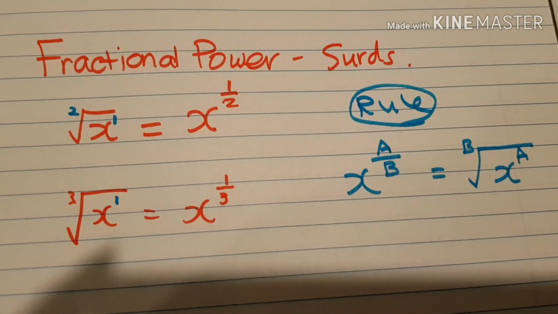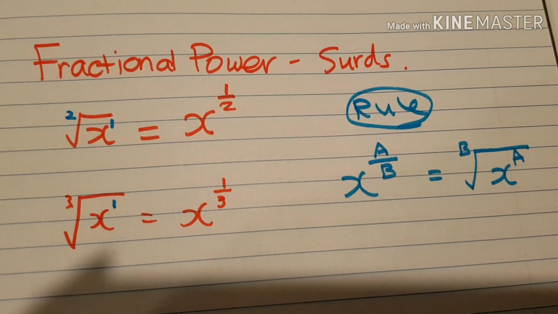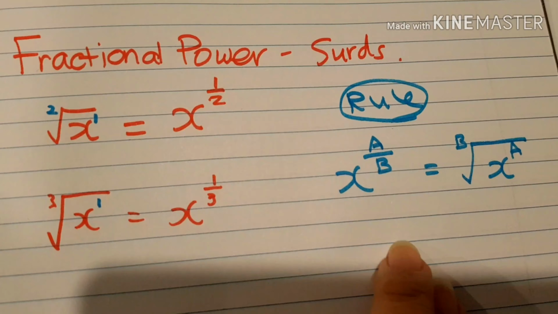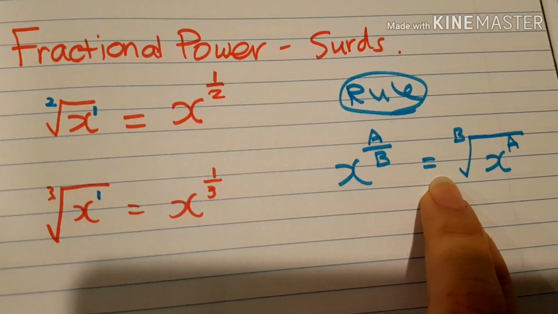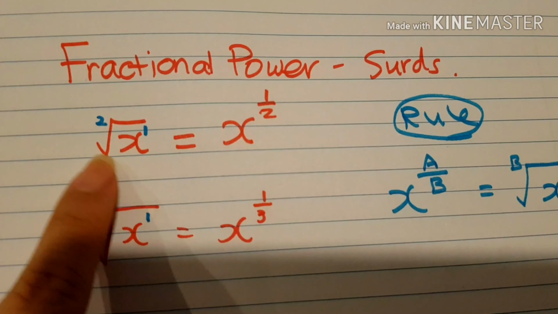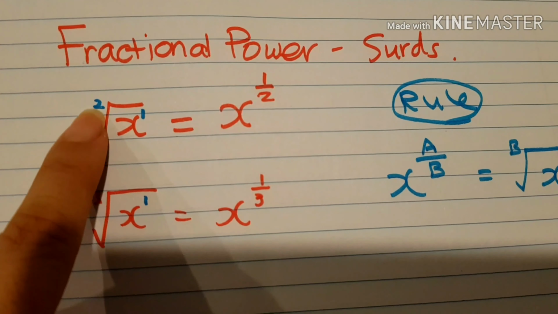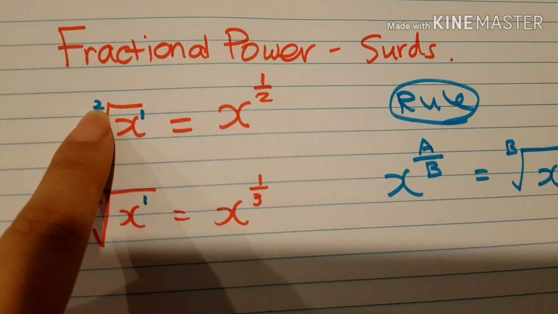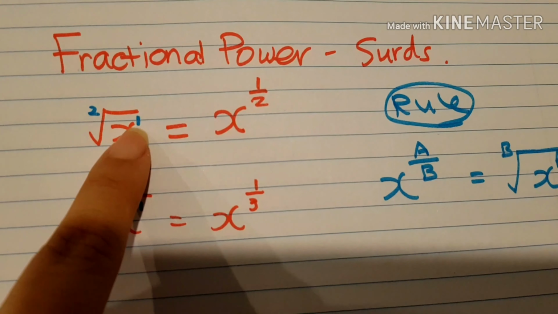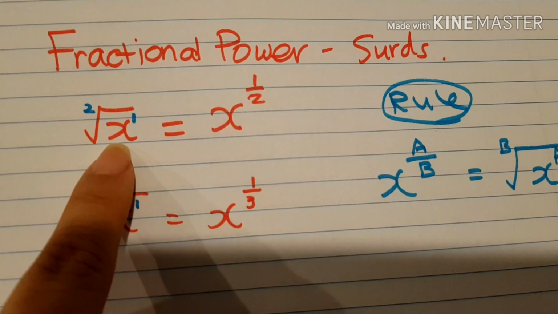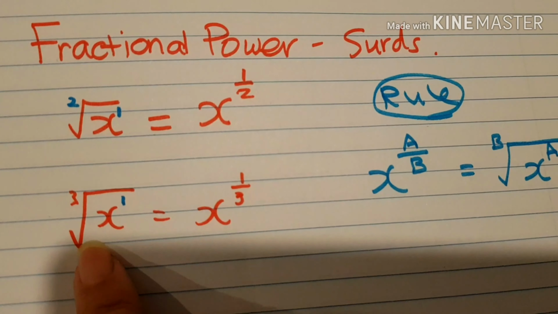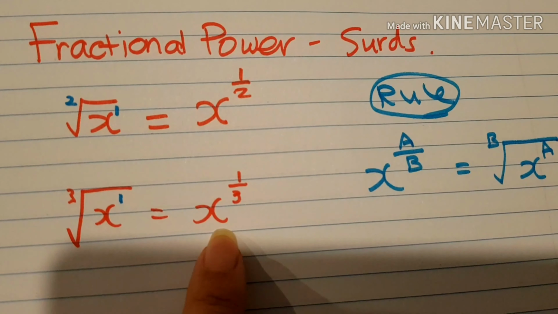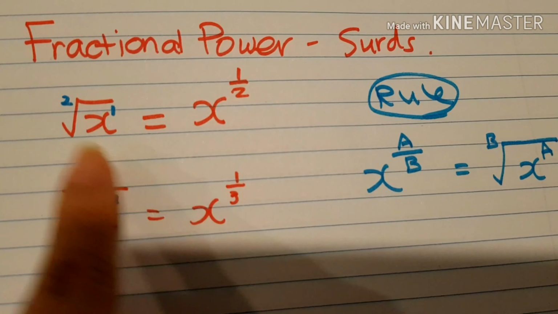Now we're moving on to fractional powers, the thirds. We have a rule like this, but if you want to see where it comes from, let's have a look at the square roots. In the square root, 2 is hidden, and x to the power of 1, we just write x. So square root, we know that it's a half. Cubic root, we know that it's x to the power of a third.